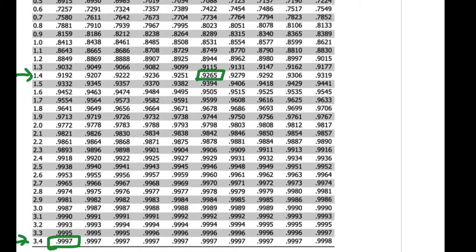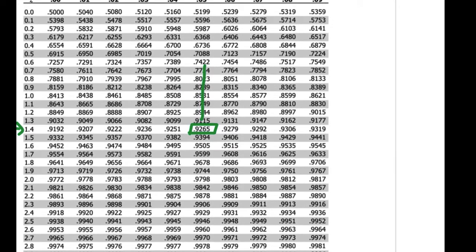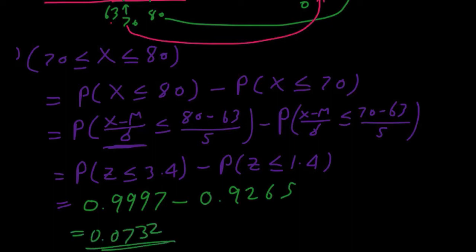If you go to the top, it is 0.05. So 0.9265. 0.9265. So the answer is 0.0732. It means only 7.32% has z in this class.